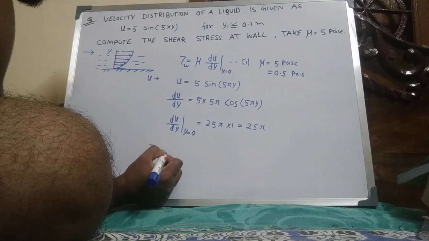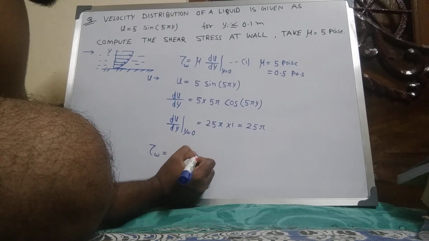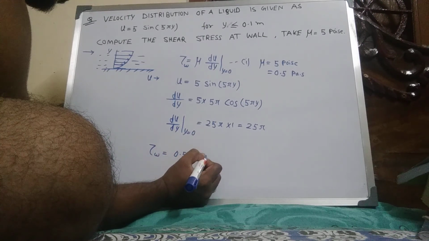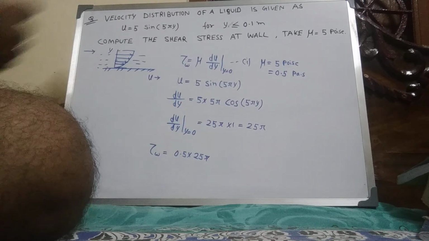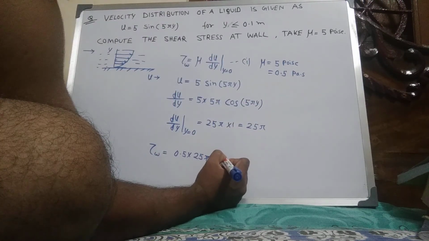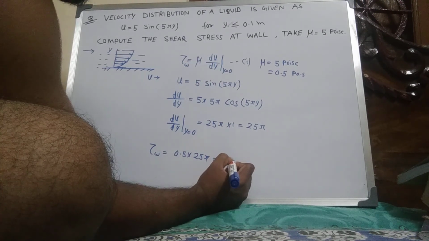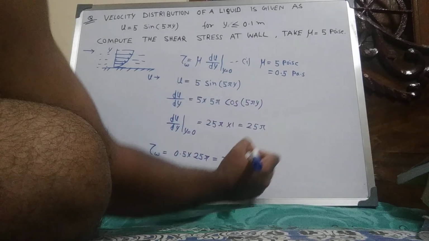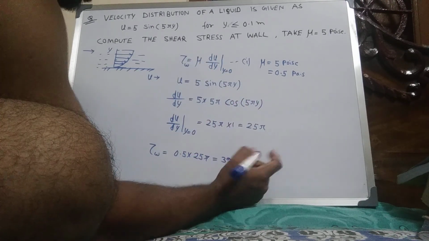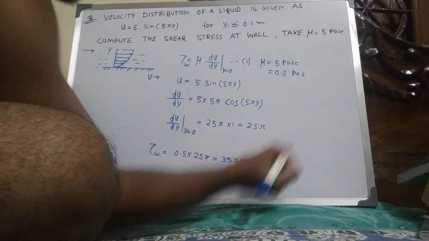Shear stress equals mu 0.5 into 25 into pi. So the value is 39.27 Newton per meter square. Understand?